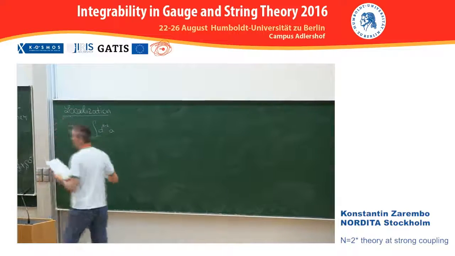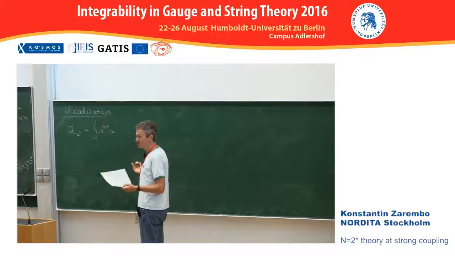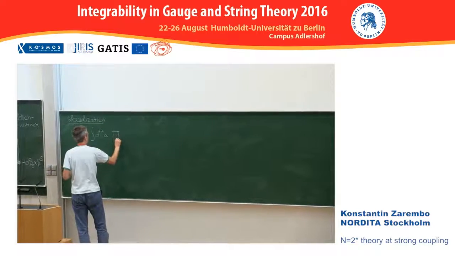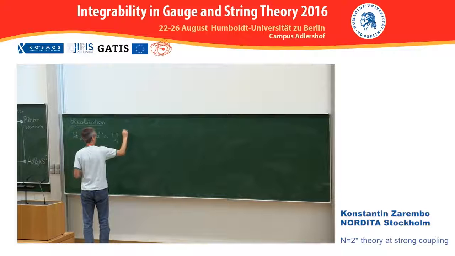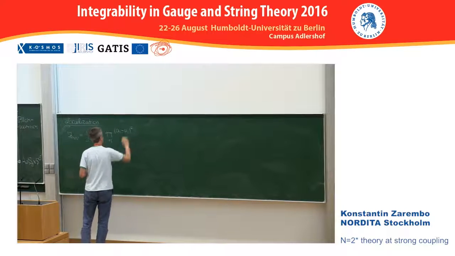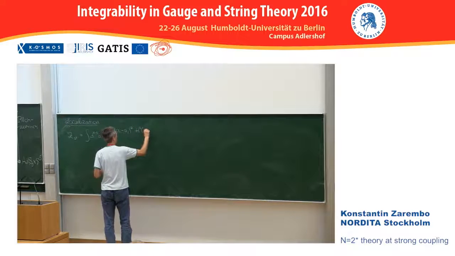By the way, for N=4, this would be just a Gaussian matrix model, but when we add mass, there are interactions. They have a form that is under control, and they all can be calculated.